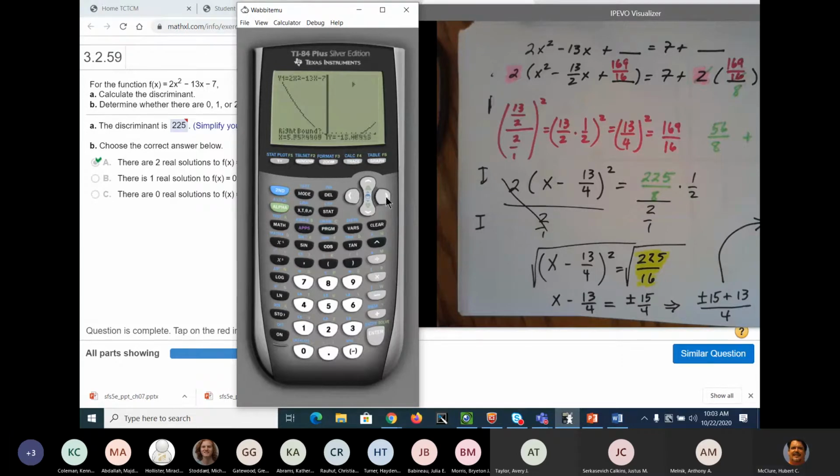Left. Right. Seven and 0. So far, so good. Let me zoom out and check the vertex.